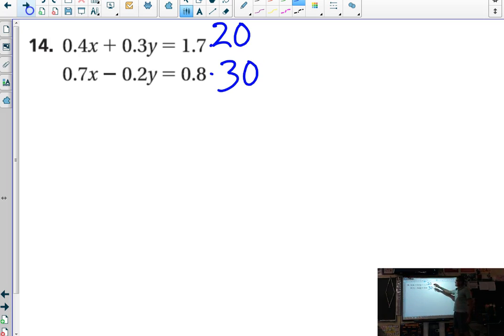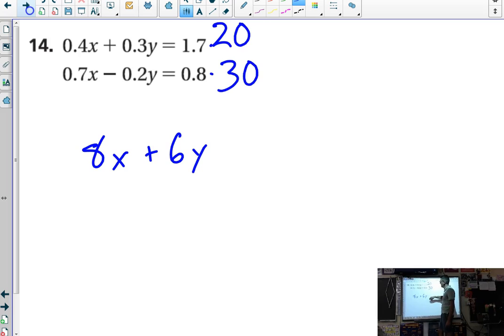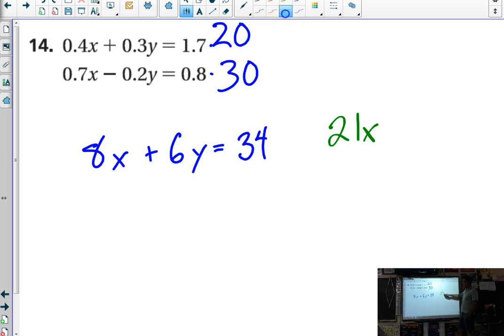Because then that times 20 gives me an A equation of 8x plus 6y equals 34. And then my B equation, 21x minus 6y equals 24.